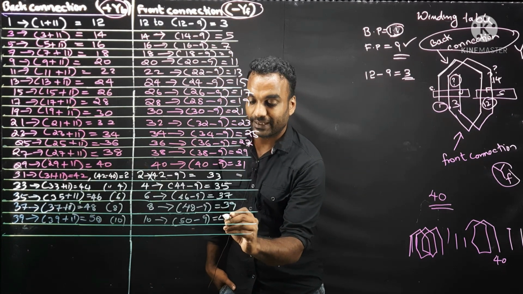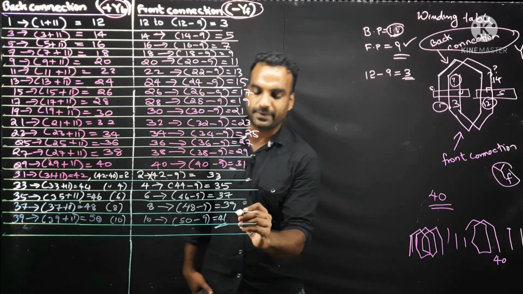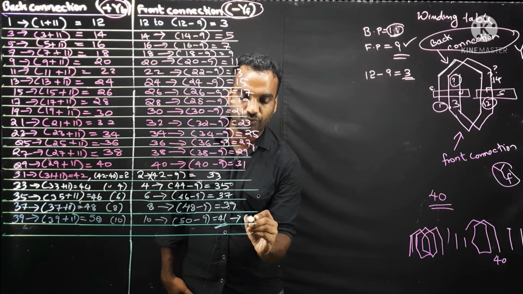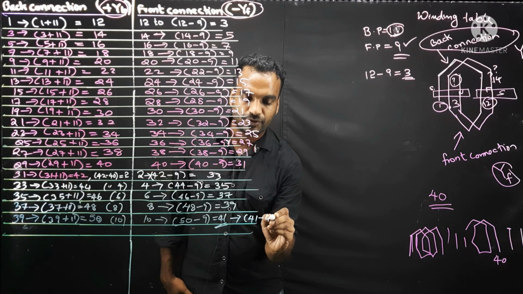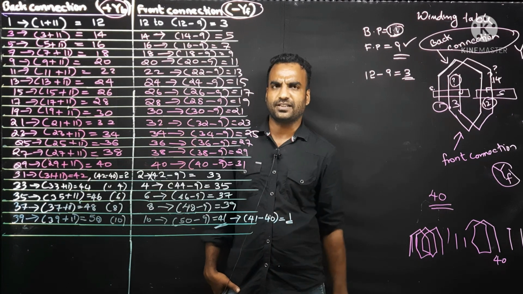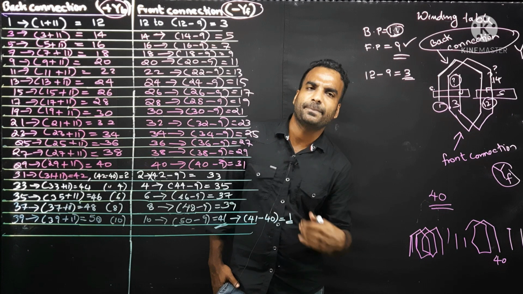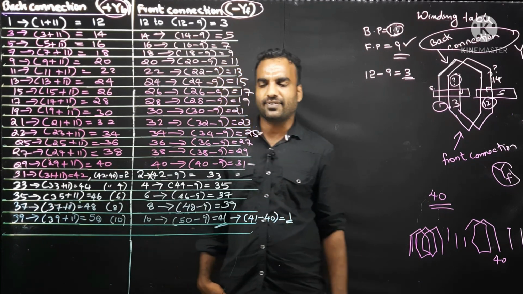That is 41. Is 41 permissible? No, 41 is not permissible, so you have to subtract 40. So you will get that 41 is 1 itself. From the simple logic itself, you don't need this step; you know 41 is 1 itself.